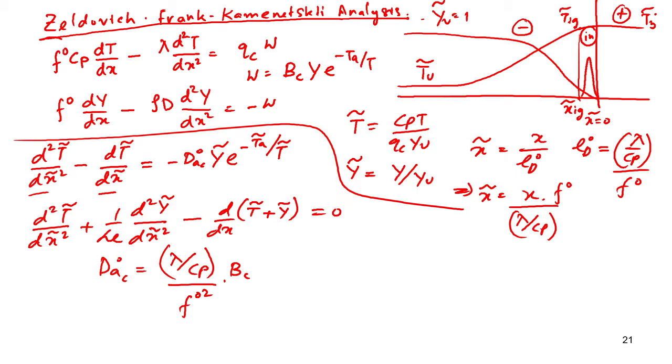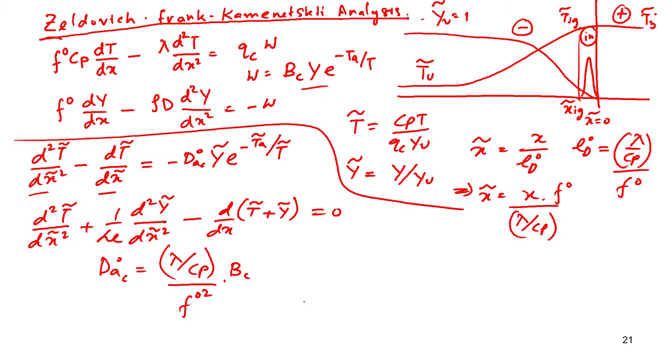Once again, remember, we are just considering the diffusion species equation for the deficient species, because the other, that is the abundant species, can be assumed to be constant, and that is why in the reaction rate only the deficient species comes in.